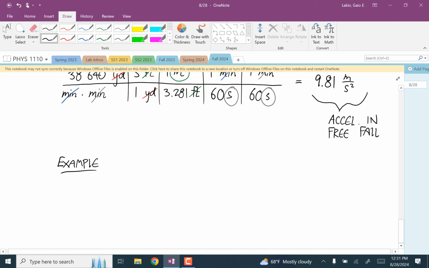Okay, so the density of steel, you can mix steel differently, but a pretty good estimate of most steel alloys is about 7,000 kilograms per meter cubed.